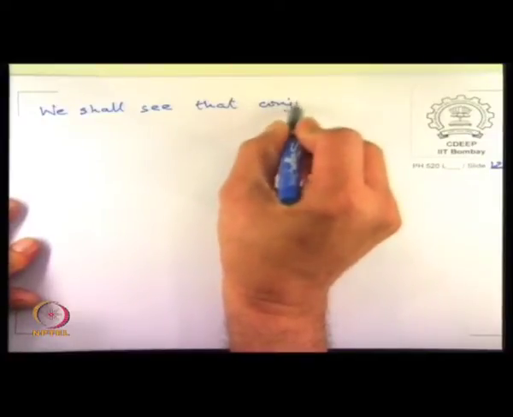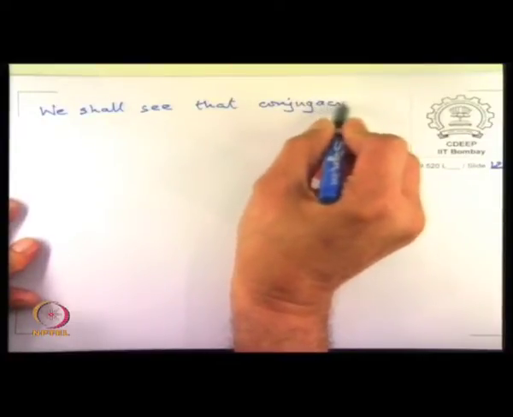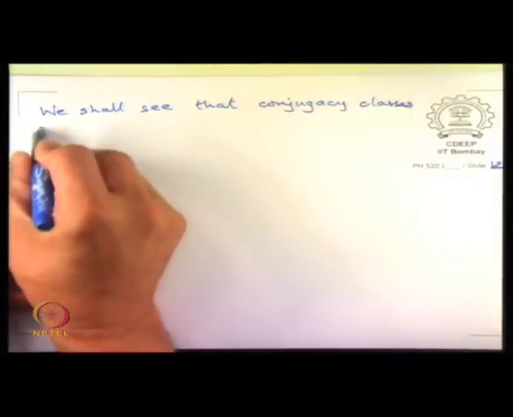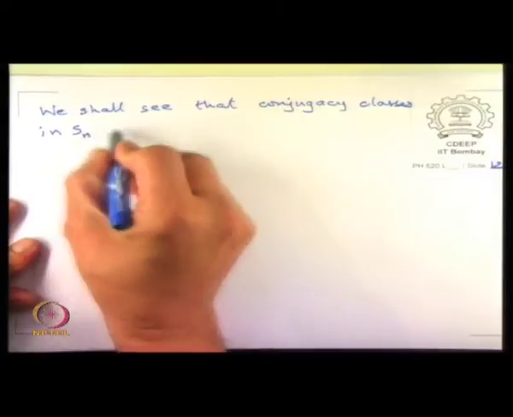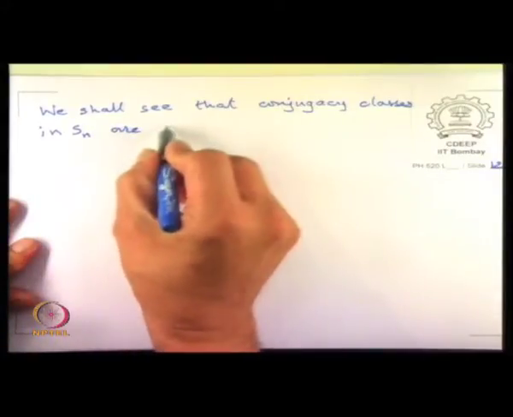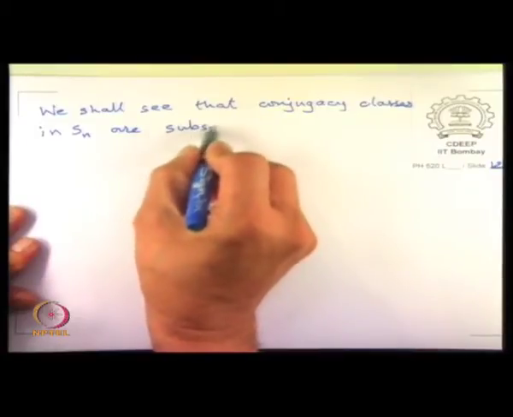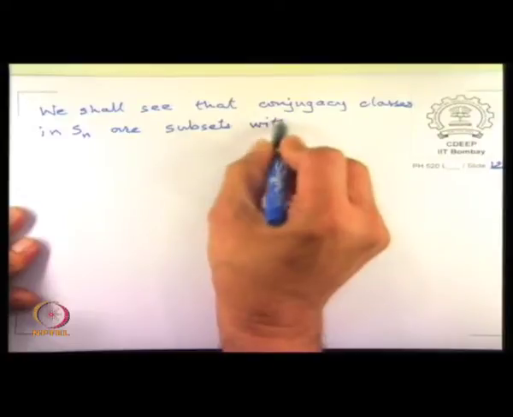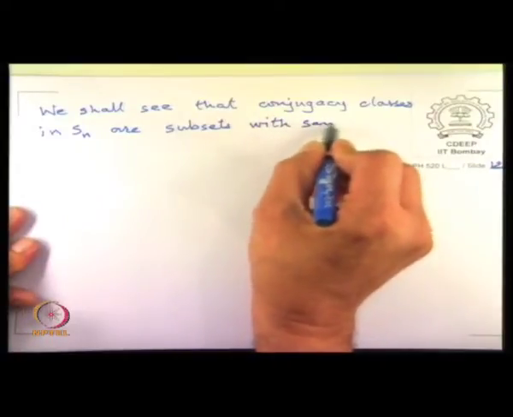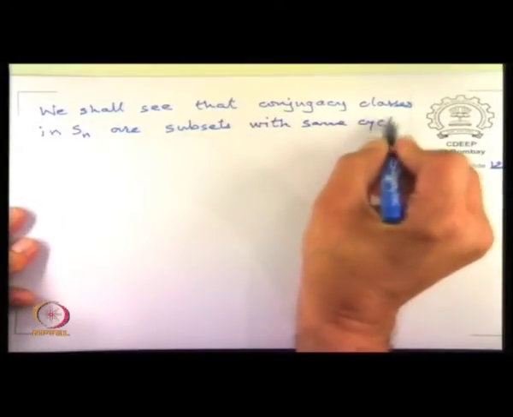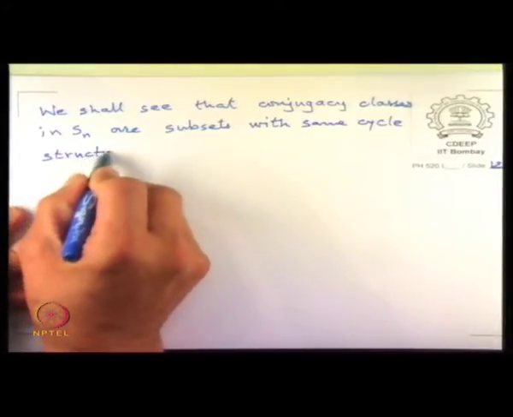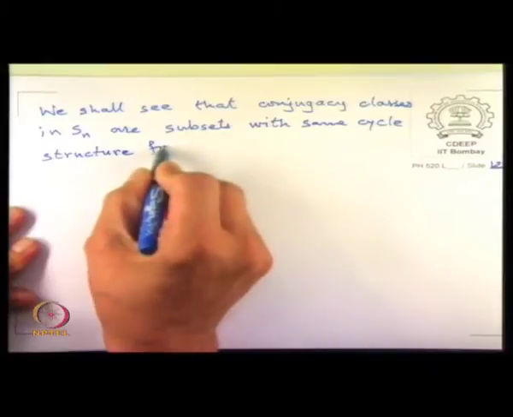Conjugacy classes in Sn are subsets with the same cycle structure for its elements.